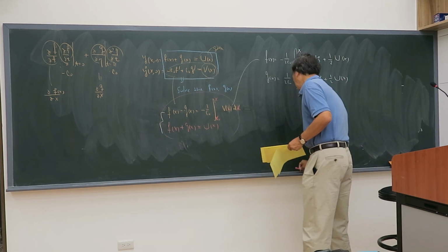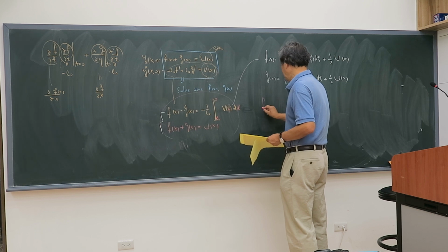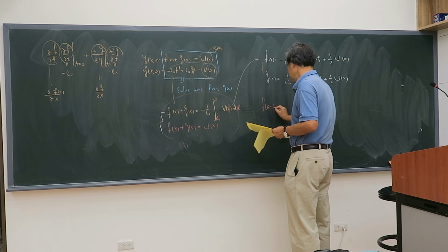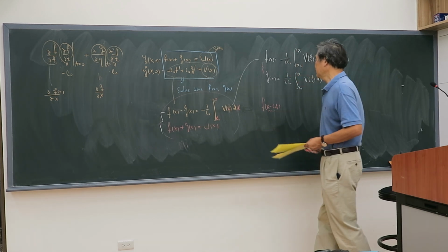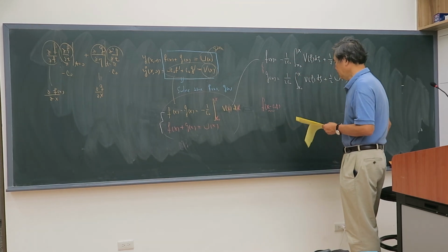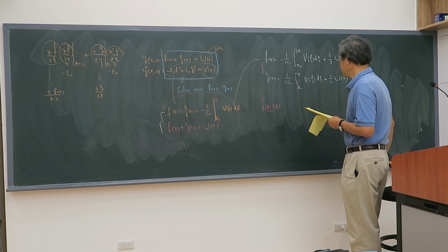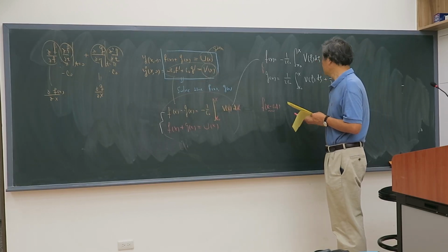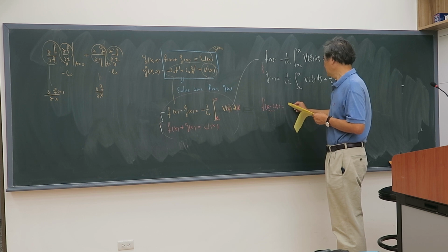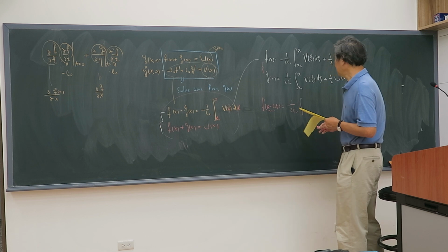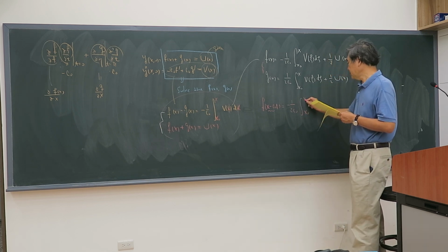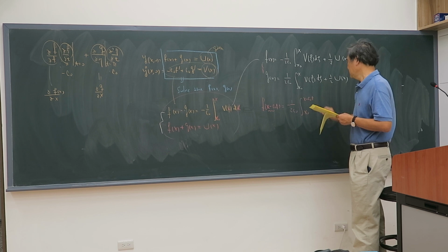Or I can change this format by replacing x by x minus c0t. Okay? So over here I can change. So that will be this minus 1 over 2c0, and the integral from x0 to x minus c0t.